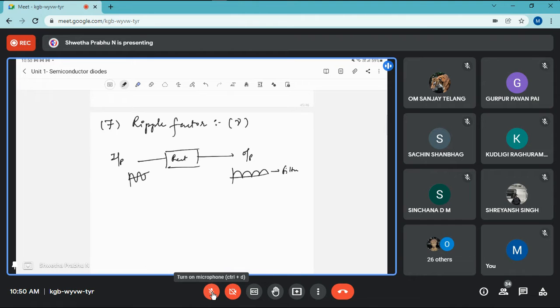It is denoted by the ratio of VAC over VDC, that is, the RMS value of the AC component present in the rectified output to the DC component.